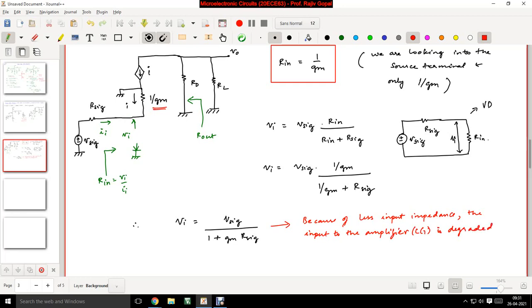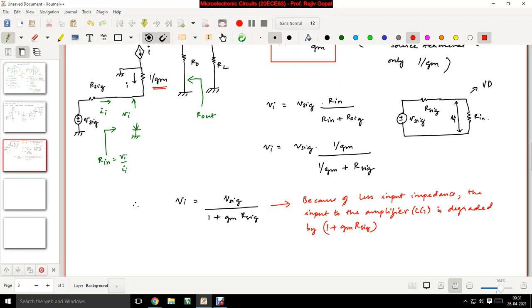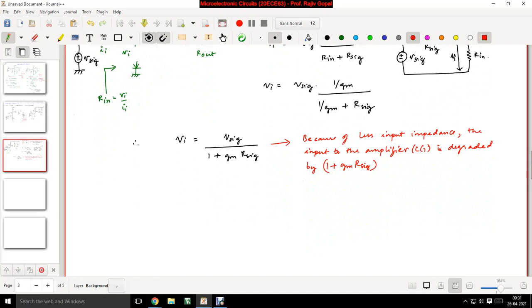Instead of the entire input signal appearing at the input of the amplifier, it is getting degraded by 1 plus Gm into R sig. So if I want to make Vi as V signal, then I have to ensure that Gm into R signal is very much less than 1, which means R signal has to be very much less than 1 by Gm.